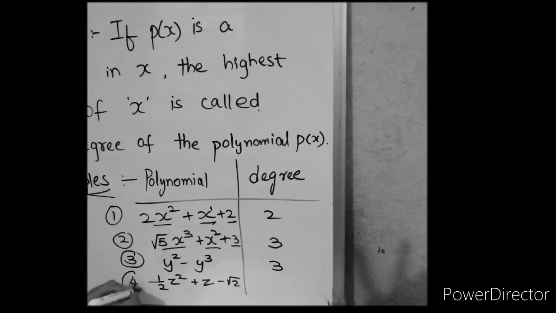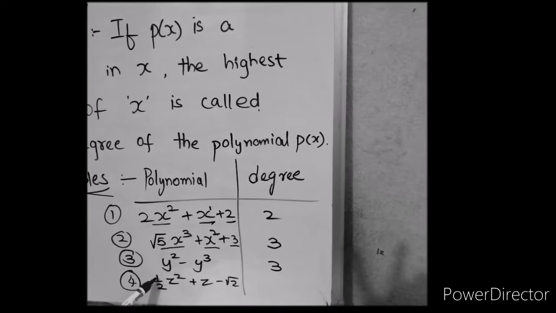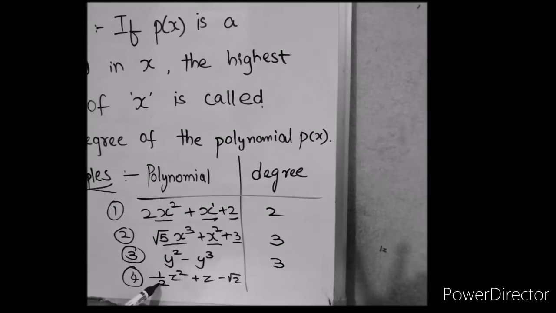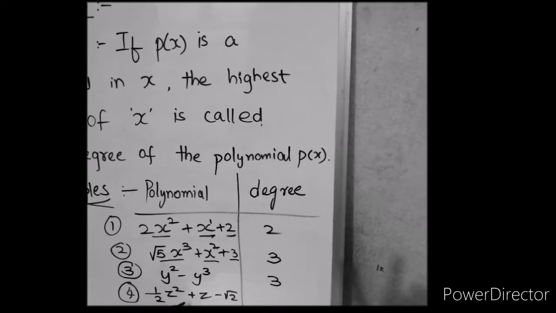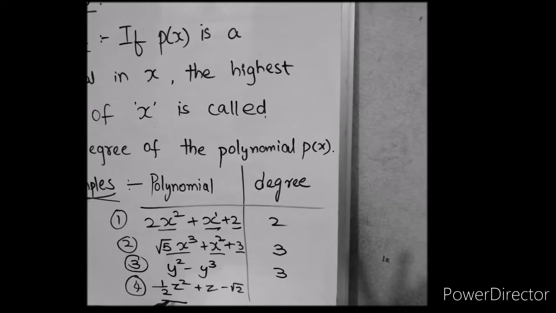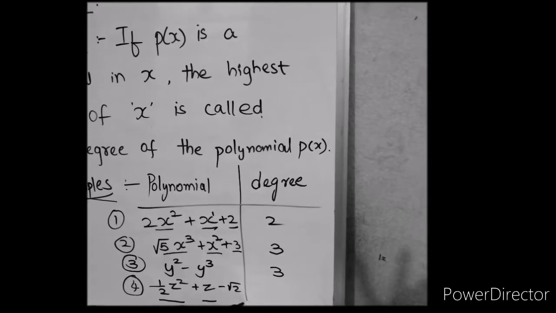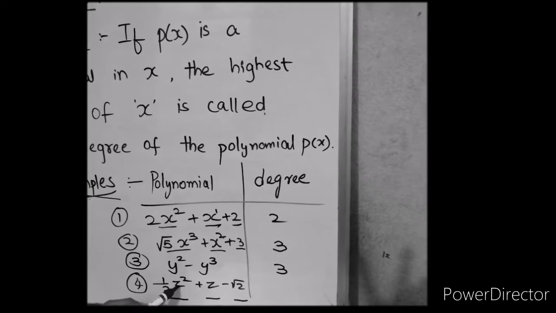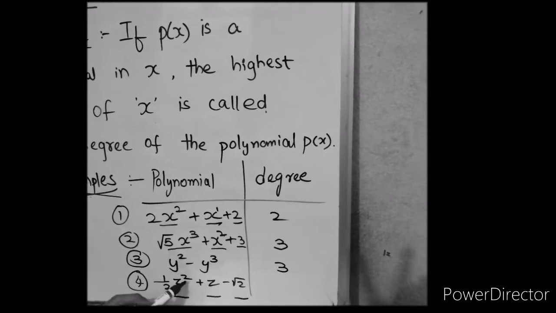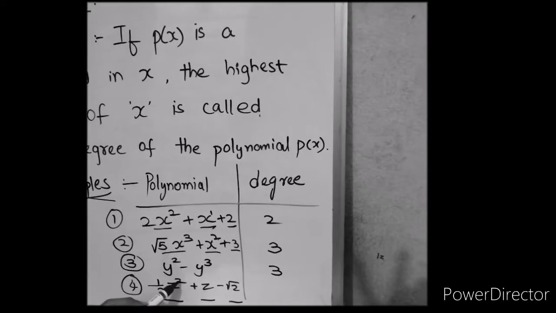Going with the fourth problem, don't get confused, because we have the fraction here before z square. Here z is the variable, and we are having 3 terms: half z square, z, and minus root 2. Here, what is the variable? Z is the variable. The power of the z in the first term is 2.